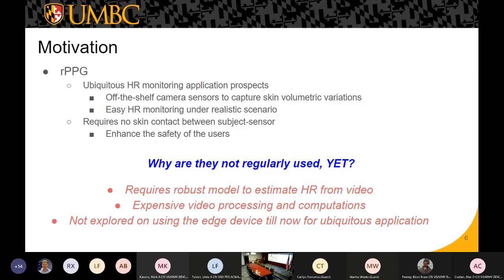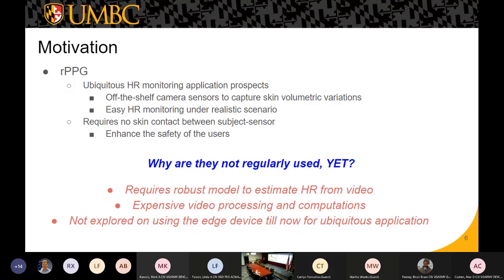So we need a robust system to first capture this diffusion signal. If I'm using a very bad camera, it might not capture the diffusion signal. So firstly, we need a robust model to estimate the heart rate or PVV from the face or any video.